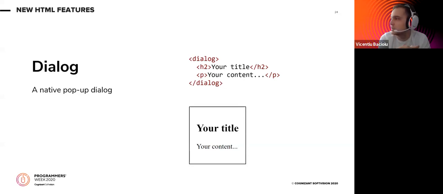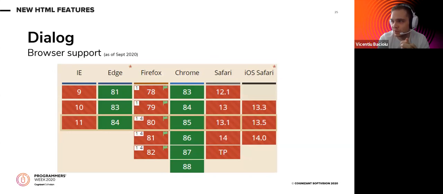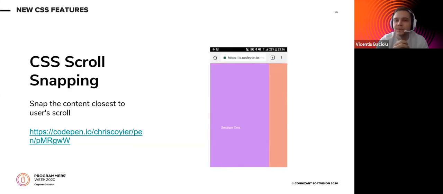So it's basically just the basic features of the browser. No frameworks needed, but yeah, the browser support is not there yet. We only have Chrome and Edge, but I think this will be a nice feature that we'll see next year, maybe.